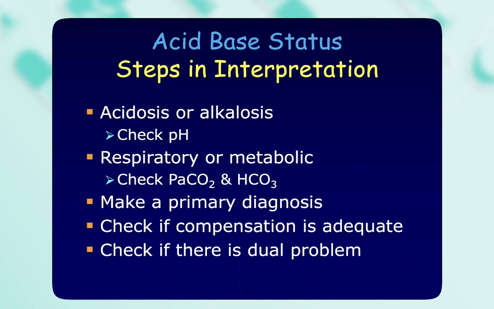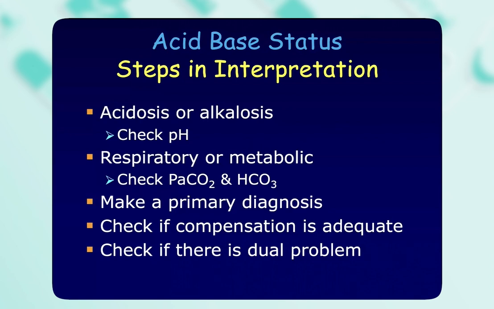What is the compensation? Compensation is a mechanism by which, when any kind of acidosis is developing, the body tries to balance it out by counteracting those mechanisms. For example, if the patient is hypoventilating and carbon dioxide is going up, pH will drop. So the body will try to retain bicarbonate through the kidney and try to normalize the pH.